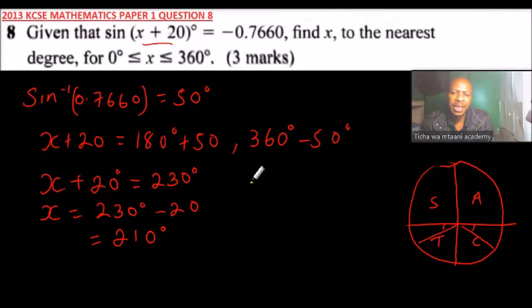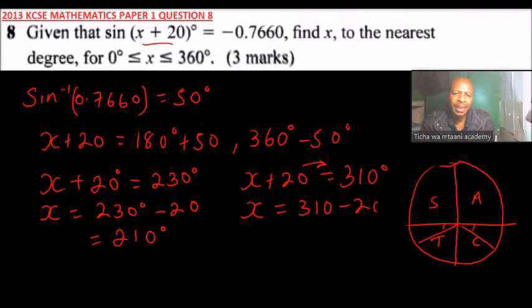The other one will say that x plus 20 is equals to, when you subtract here 360 minus 50, you will be able to get 310. So you take 20 to the other side, becomes negative, so x is equals to 310 minus 20, and these are degrees. That means our x is equals to 290 degrees.